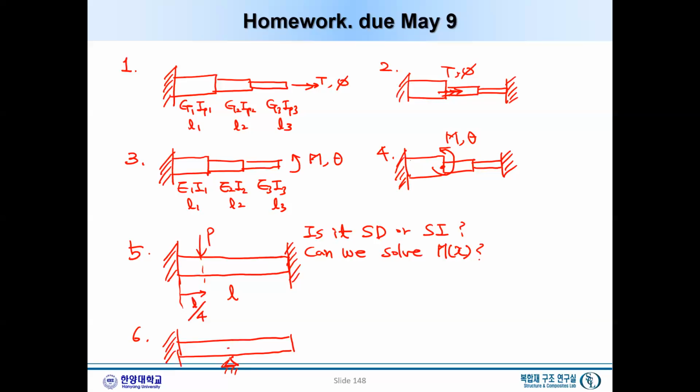So there is always a reaction force, only the vertical force. That is the only reaction force. But anyhow, at the end we apply the force P, and same questions. This is the half, and this is the half.